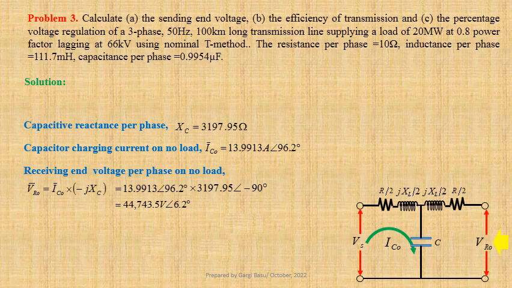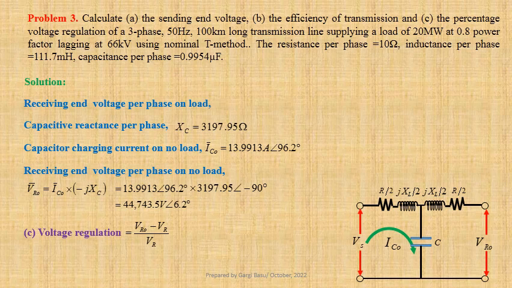Let us now determine voltage regulation, that is equal to VRO minus VR divided by VR. We have obtained receiving end voltage per phase on load VR equals to 38,105 volts.